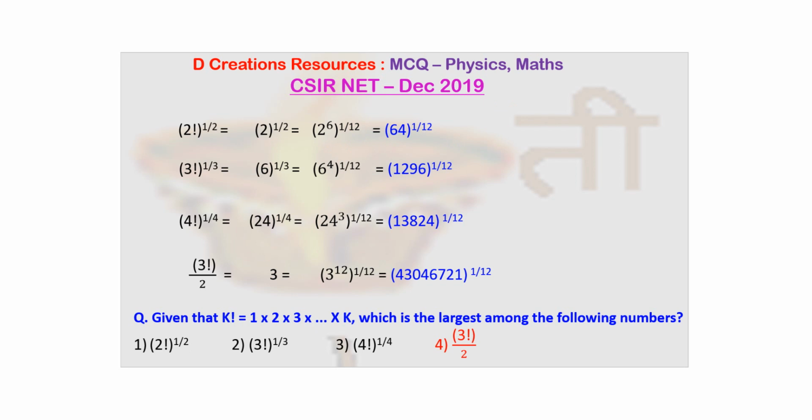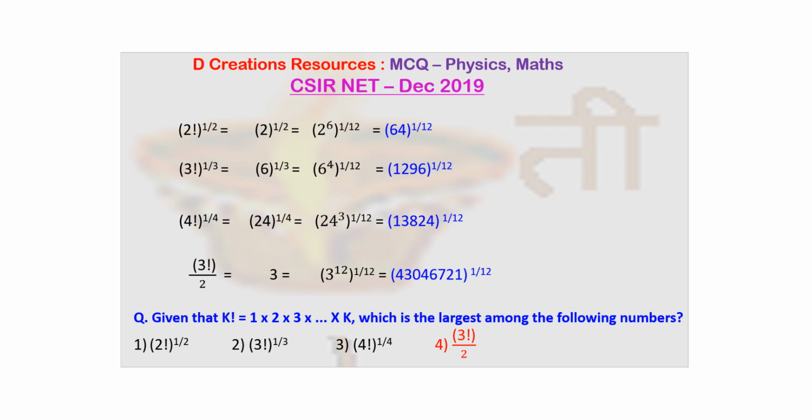What about the second number? 3 factorial raised to 1 by 3. Now 3 factorial, as you know, is 3 into 2 into 1, which is 6. And now the 1/3 power of that, if you want to make it 1/12, you will have to have a number here which is 6 raised to 4. Again, 6 raised to 4 is a pretty oral calculation. 6 square is 36 and 36 square is 1296.